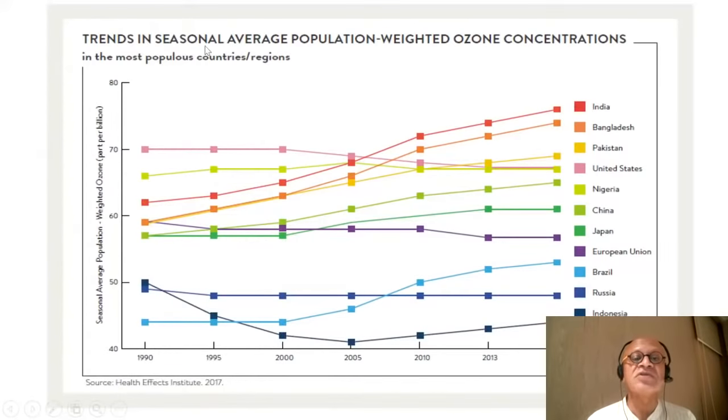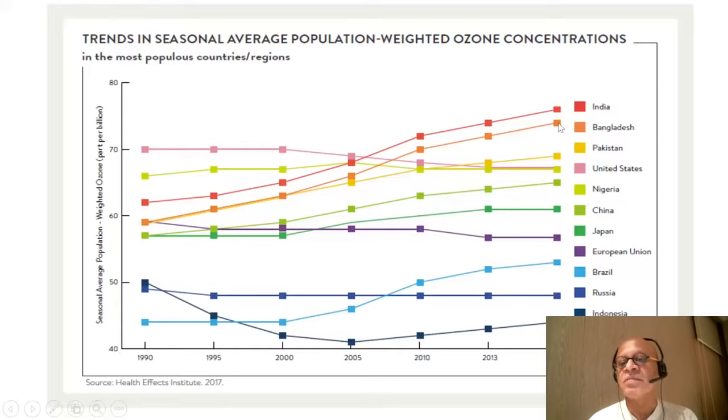Nonetheless, looking at trends in seasonal average population-weighted ozone concentrations in the most populated countries and regions. So seasonal average population-weighted ozone in parts per billion. It's a trace gas which is measured in parts per billion by volume, weighted with population. So this is from the 2017 report going from 1990 to 2015.